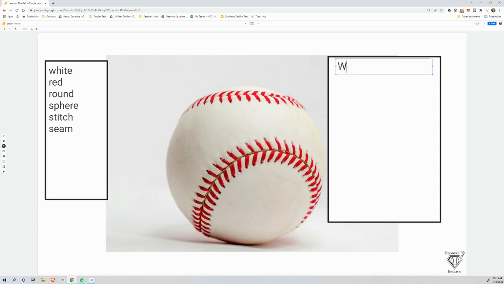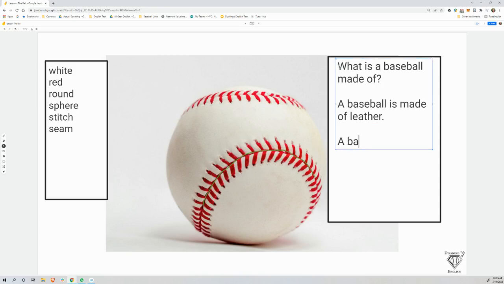Now, what is a baseball made of? A baseball is made of leather. A baseball is leather. All right.